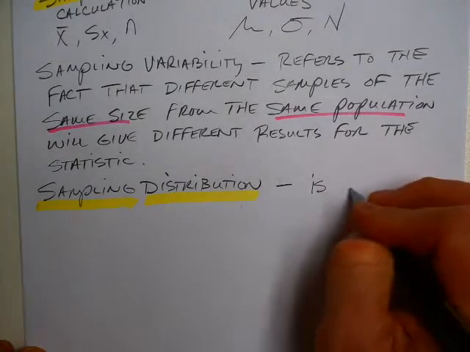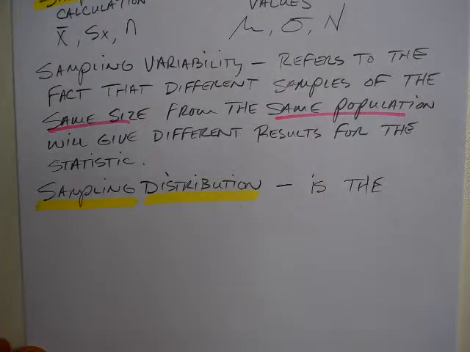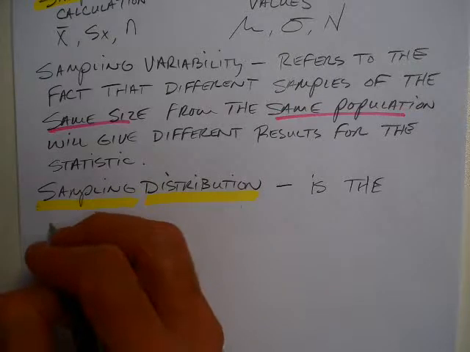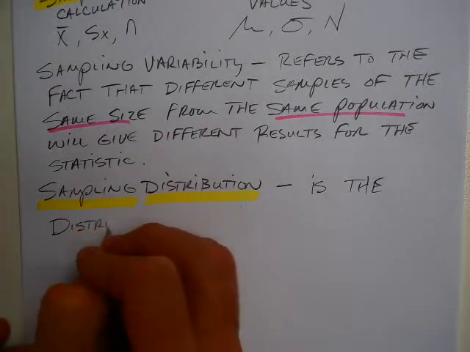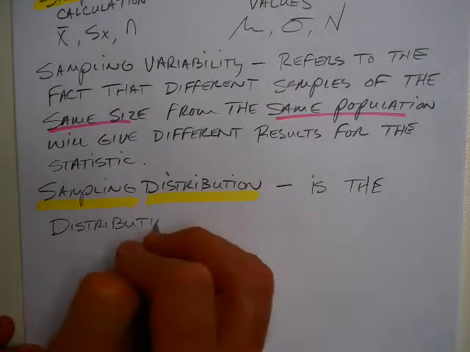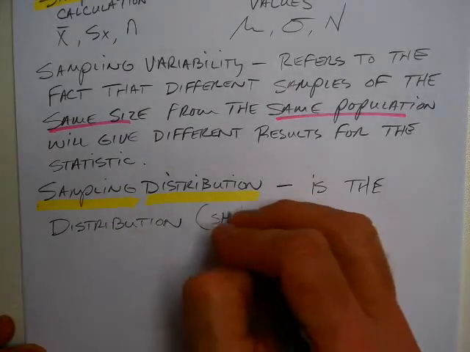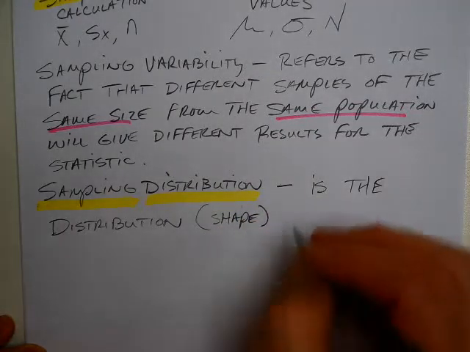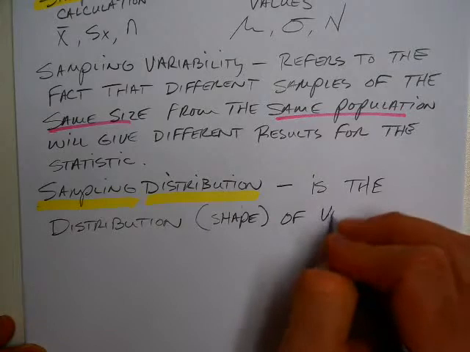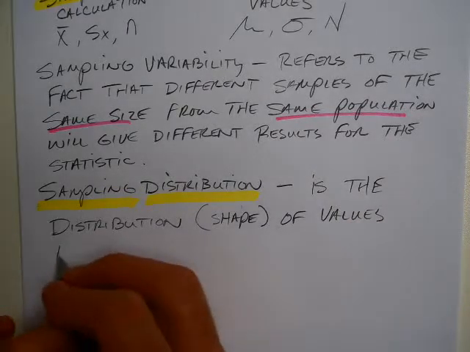So, let's write it first. It is the distribution of values, and when we say distribution, we need to be thinking shape, of values taken by a statistic.